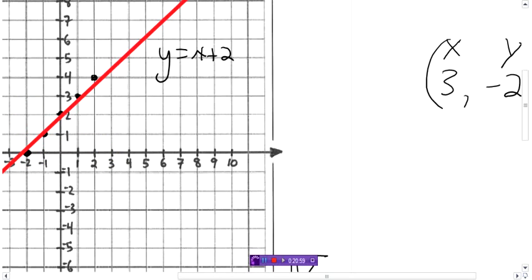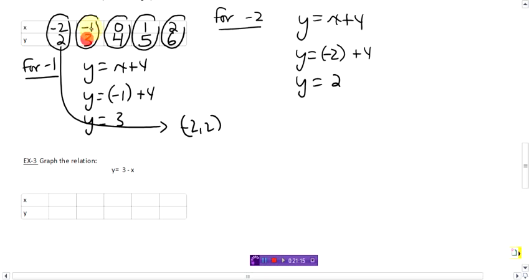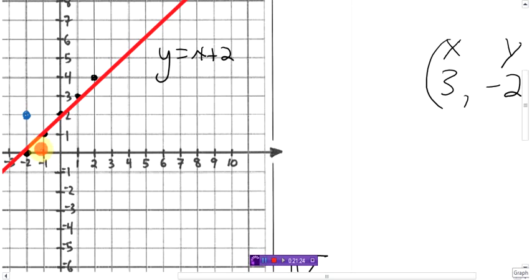Let's do it in different colors so it stands out. Oh, I said different color, not the same color. Let's go blue dots. What was the next point that we had? The next point was -1, +3. -1, +3.